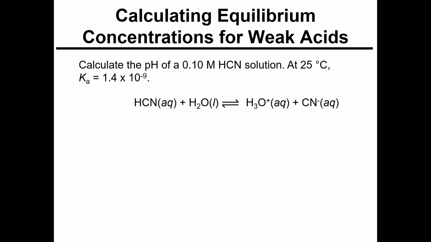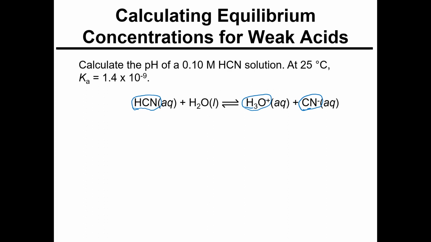When this dissociates in solution, we're still going to have some HCN molecules floating around, along with some H3O plus and some CN negative. So we don't know from the concentration of HCN what the concentration of H3O plus is. So we have to do some calculations here and figure out what our concentration of H3O plus is.